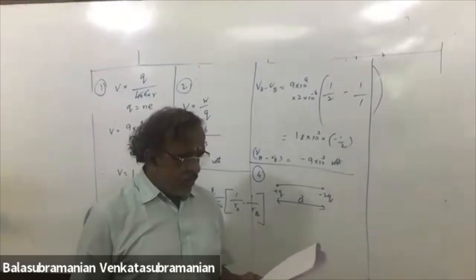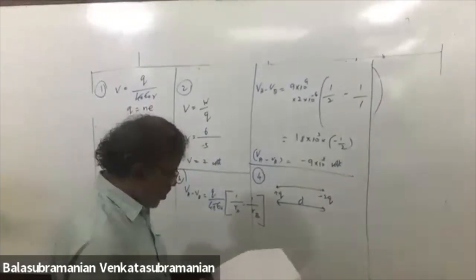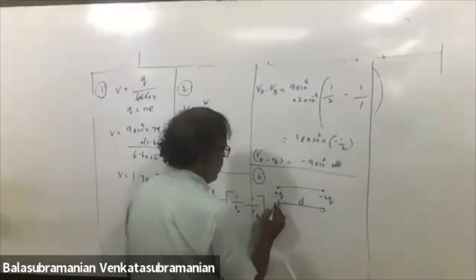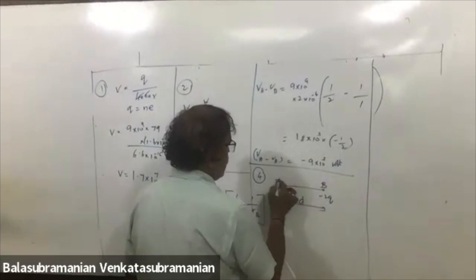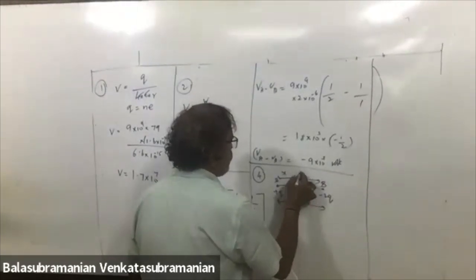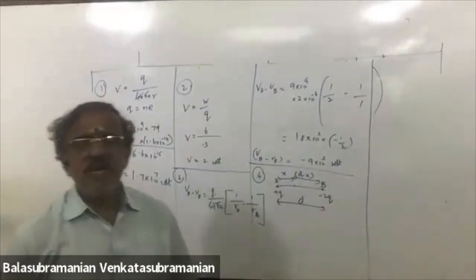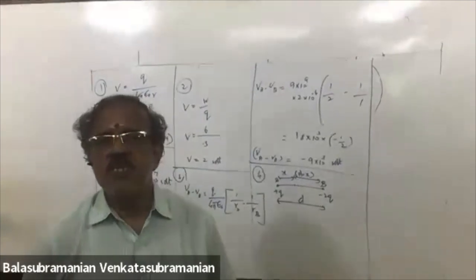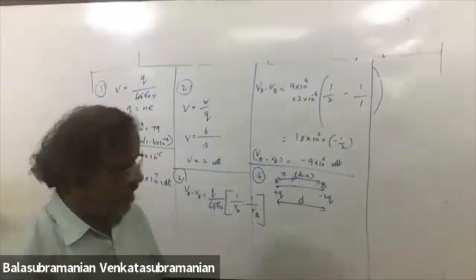Find the location of the point relative to the charge Q at which potential is 0. At a distance of x it is 0, means the remaining should be D minus x. Similarly, we have done for electric field. Now potential we have to calculate.